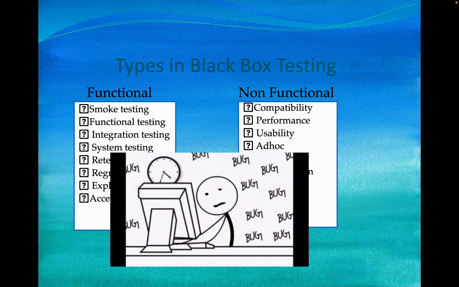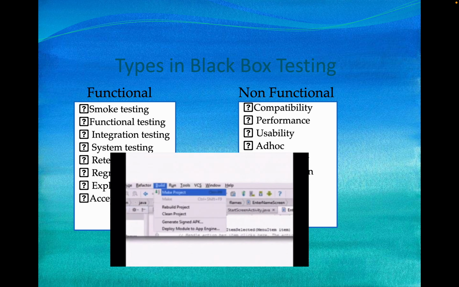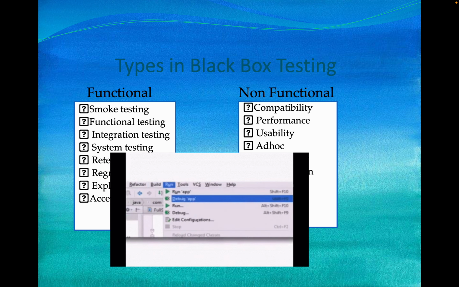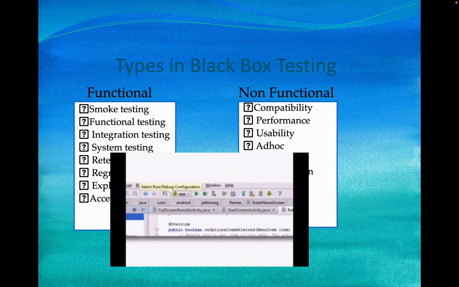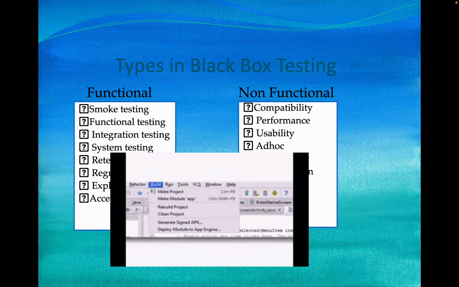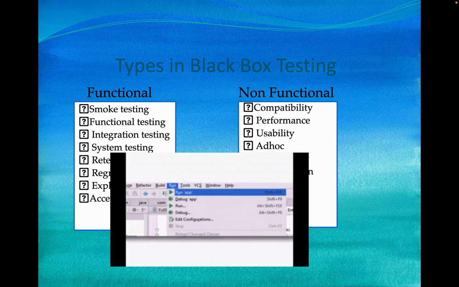For example, a program that edits credit limits within a given range of 20,000 to 50,000 would have three equivalence classes. That means it could be less than 20,000, between 20,000 and 50,000, or greater than 50,000. So we also have to do boundary value analysis.